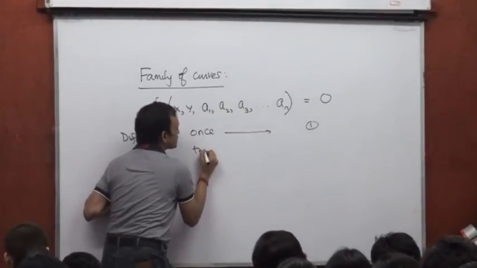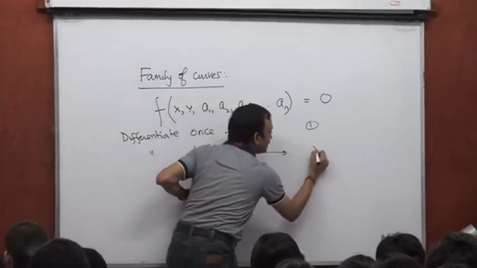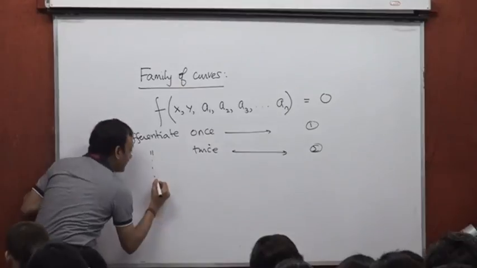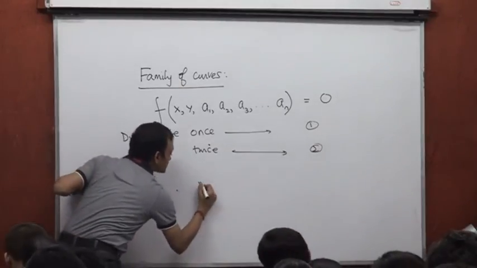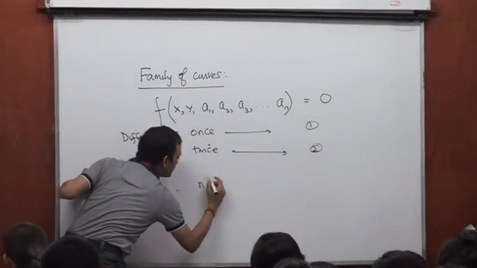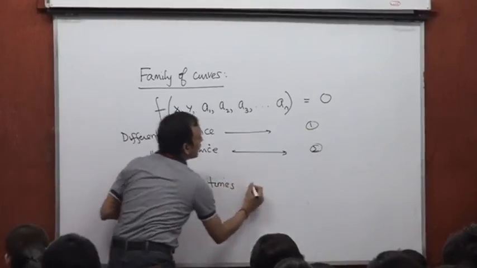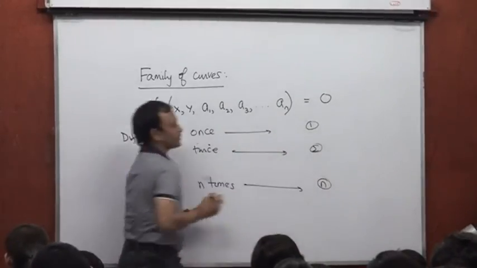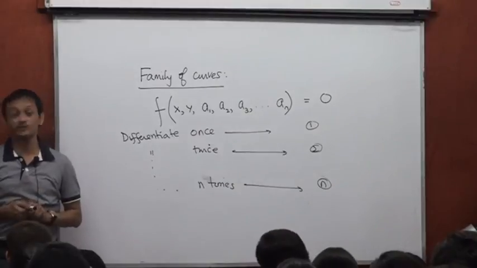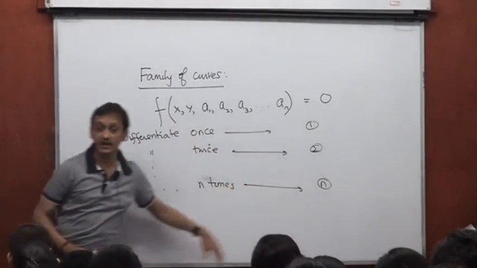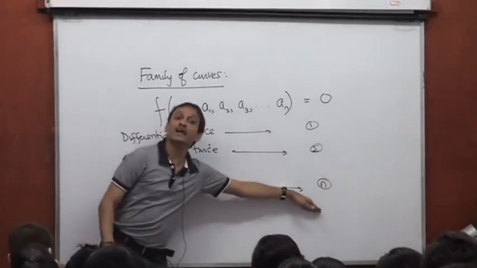Differentiate twice, you get a second equation, and then you differentiate n times and you get the nth derivative, the nth equation.